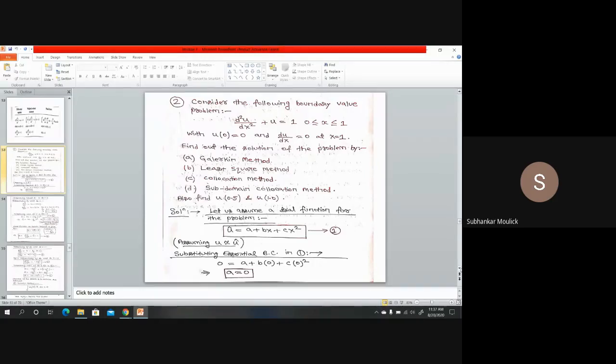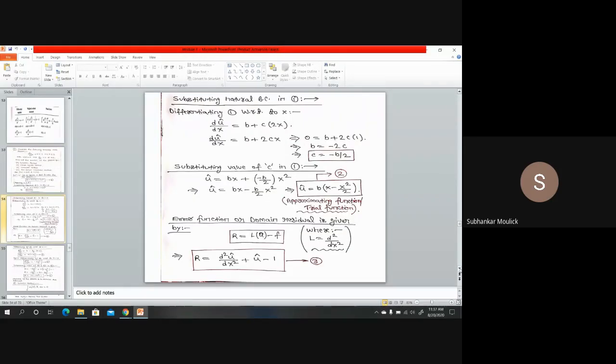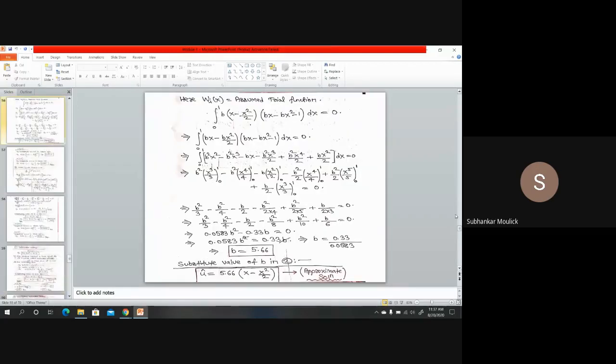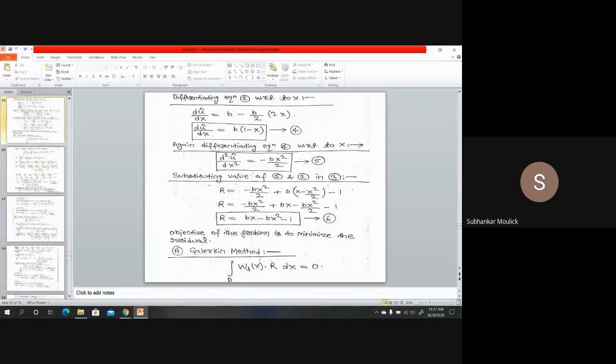So in Galerkin method, how we find out the approximate solution? In Galerkin method, we integrate the entire domain by multiplying the weighted function with the residual or the error function. Error function or residual already we have found out, that is nothing but equation number 6.